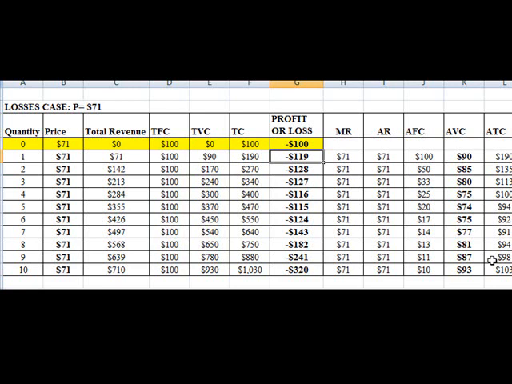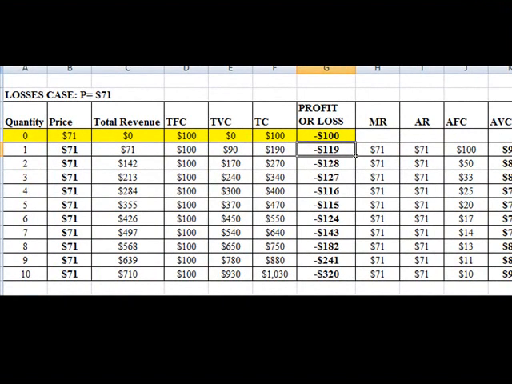For this particular example, if I keep increasing my production, I continue to gain losses. As a result, I'm going to exit the market and take a smaller loss than if I was in the market.